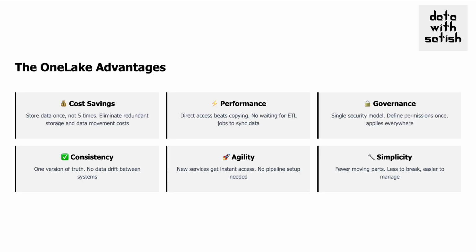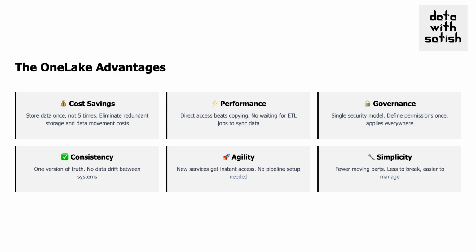So what does OneLake actually give you? Cost savings. Store data once instead of 5 times. Eliminate redundant storage and data movement costs. Performance. Direct access is always faster than copying. No waiting for ETL jobs to finish syncing. Governance. Define security permissions once and they apply everywhere.